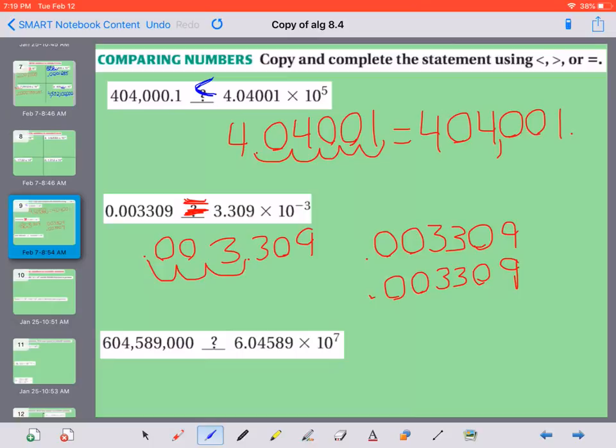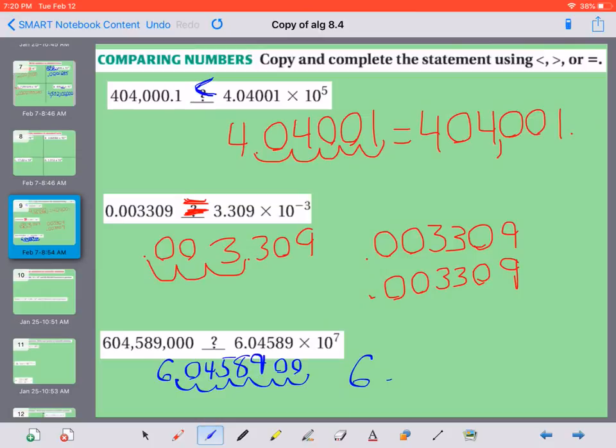Last one. I have 604,589,000 something, and 6.04589 times 10 to the 7th. So I'm going to write 6.04589. What I'm going to do is move that backwards 7 so I can get a big number. So 1, 2, 3, 4, 5, 6, 7. Put 2 zeros in there.